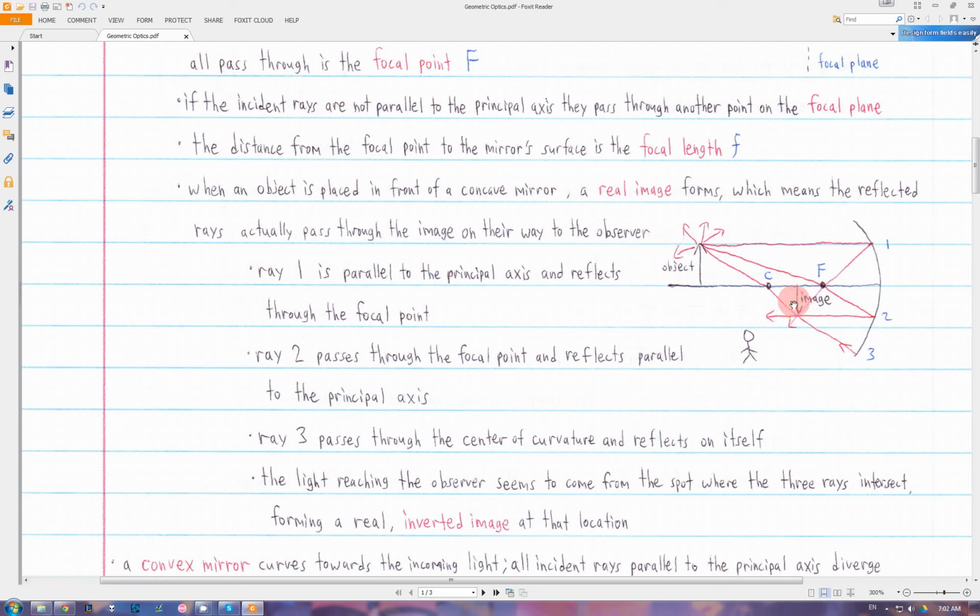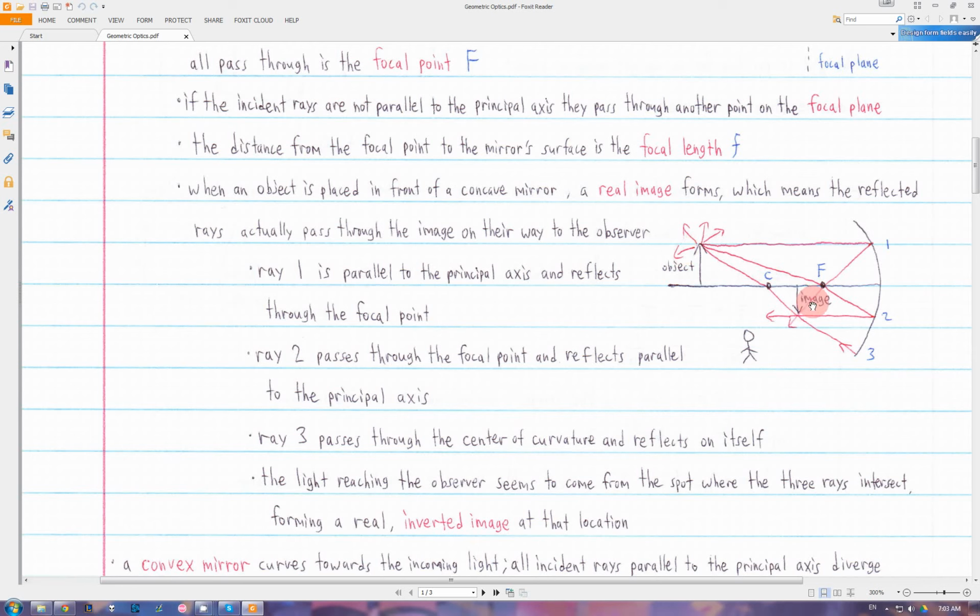So an image is going to form where the rays converge. And so you can see we draw a line from the principal axis to this convergence point, and it turns out that the image is upside down from the original object. We call this an inverted image.